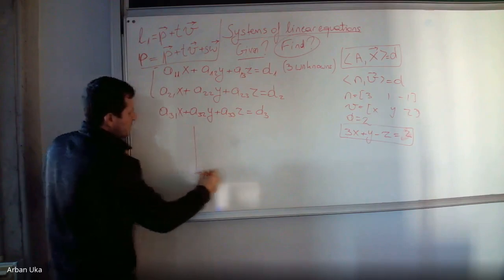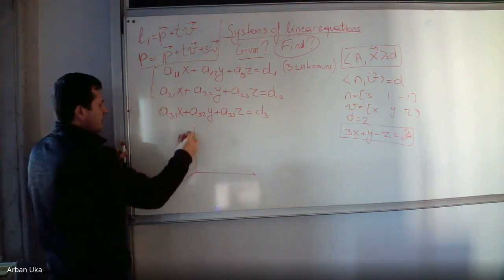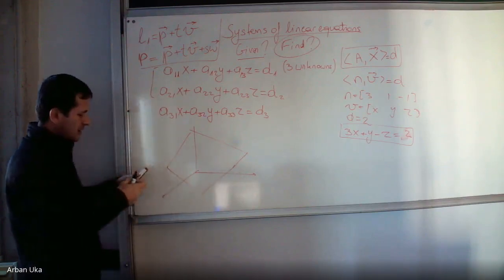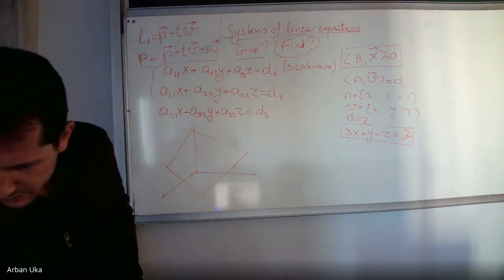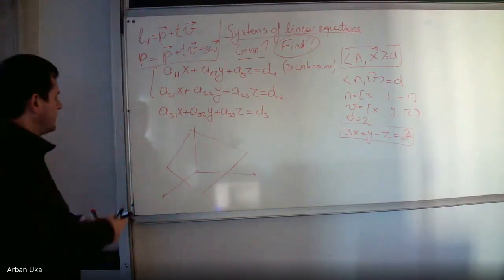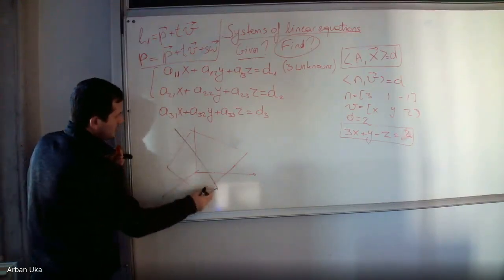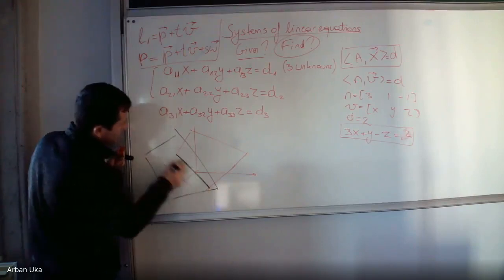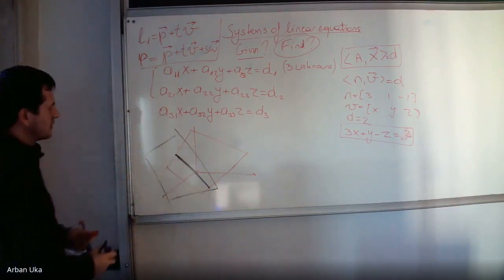Let's assume we have a three-dimensional space and we have a plane that extends like this. Then we have another plane that can extend like this, and the intersection between these two is a line that looks like this.